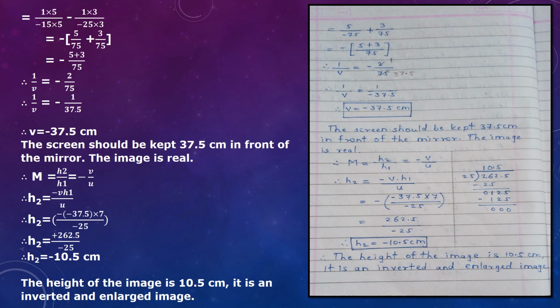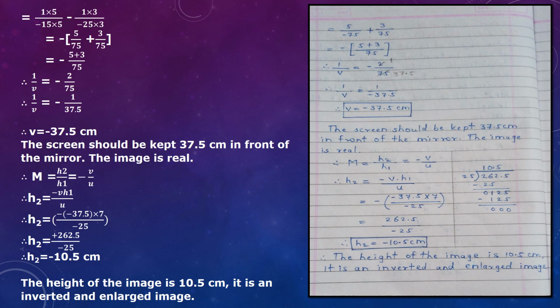Now we know magnification formula children, that is m is equal to h2 upon h1 is equal to negative v upon u. So therefore h2 is equal to, because here we have to find out image size, h2 is equal to negative v into h1 upon u.